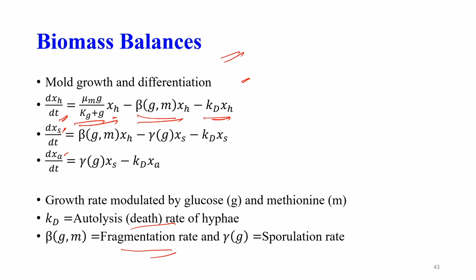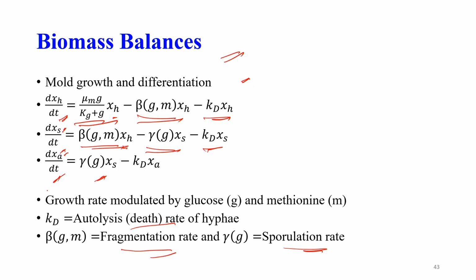Further, if we see XS, beta is the fragmentation rate into XH, because this is produced from this XH, and there is a minus term which comes from the sporulation rate. This is going for spore formation, minus the death rate.